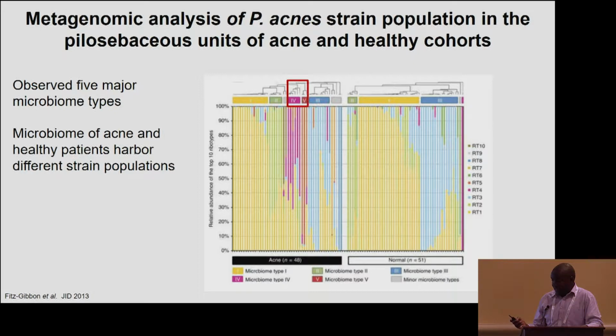And then recent work from Fitzgibbon, the Lee group at UCLA, they also did metagenomic analysis of Acne strain populations, and what they found was that they observed 5 major microbiome types.